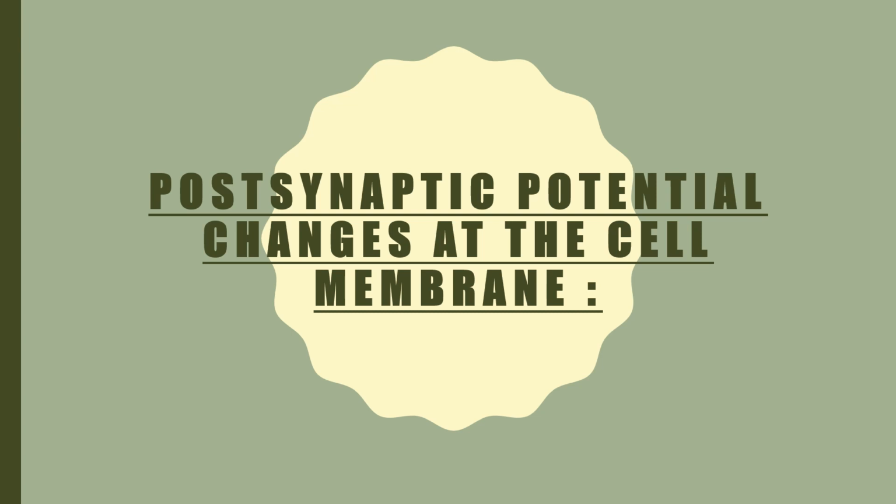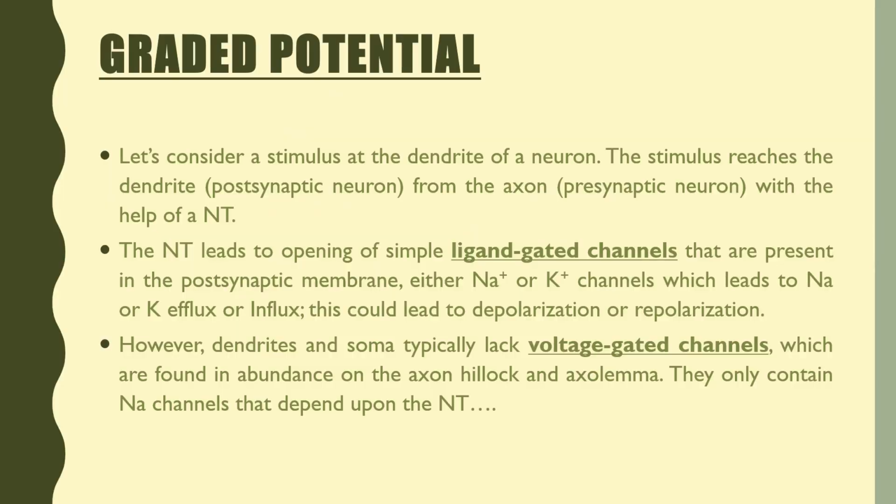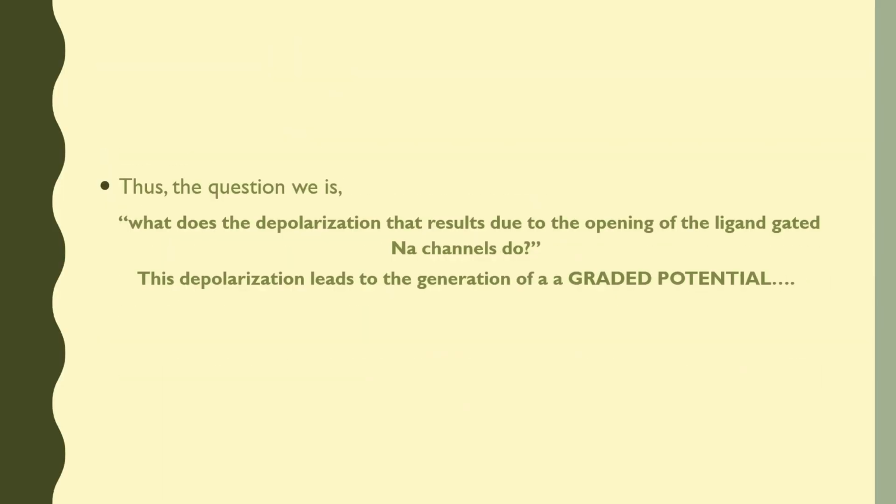Now this part, the postsynaptic. Like we have said, there is presynaptic neuron action potential generation and its movement along with the synaptic cleft to the postsynaptic neuron. Now what will happen to the postsynaptic neuron? Okay, over here I will use this slide.